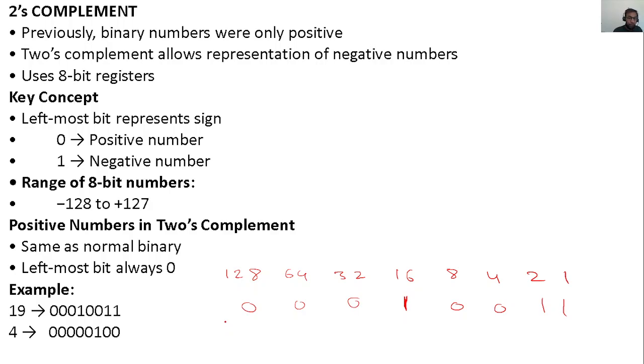Now if we have another number, 4, in this range, 4 can directly be represented, so we can put 1 with the 4 and 0 with the rest. This is how 4 is represented.